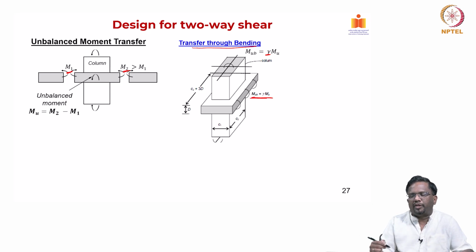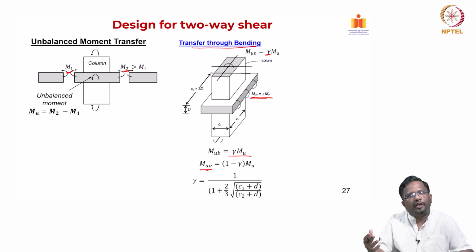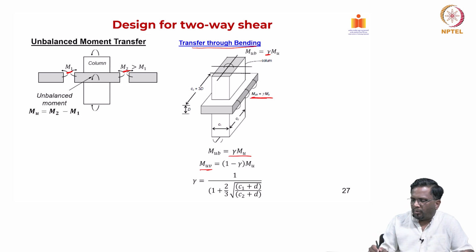Now, the gamma parameter can be found out using your column dimensions, that we will explain a little later, right. So, you see here, MUB is gamma into MU, and then the remaining portion of your unbalanced moment has to be transferred in the form of shear. So, how much will be transferred?